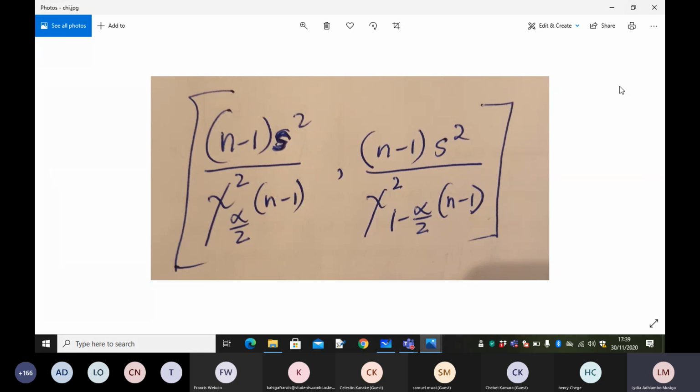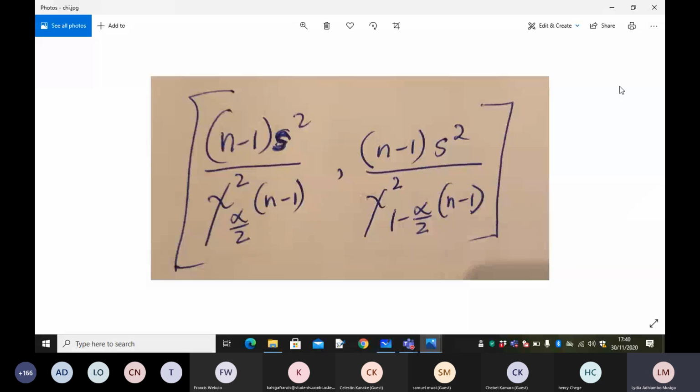So this is the confidence interval for population variance. N minus 1, S squared, where S squared is the sample variance, divided by chi alpha over 2 with n minus 1 degrees of freedom.